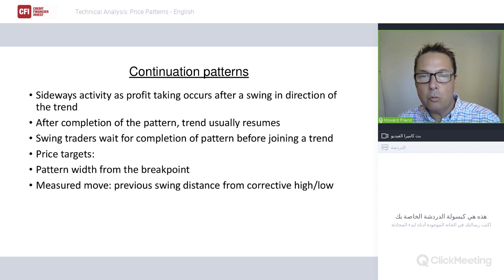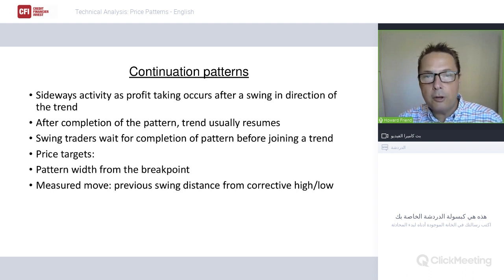So a swing trader will wait for completion of the pattern, a continuation pattern, before joining a trend. The price targets, as with the reversal patterns, we have the width of the pattern from the break point, but also in the direction of the trend we have what is known as a measured move.